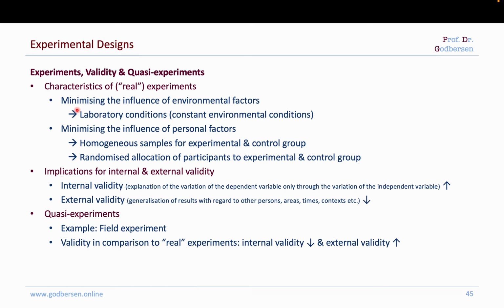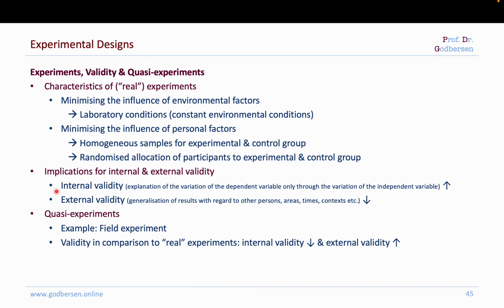This setting, minimizing the influence of environmental factors through laboratory conditions and minimizing the influence of personal factors through randomized allocation of participants to experimental and control group, has an effect on validity. Again, if you can remember and have watched the previous lecture of this crash course, there I shed a bit more light on validity and in particular on internal and external validity.